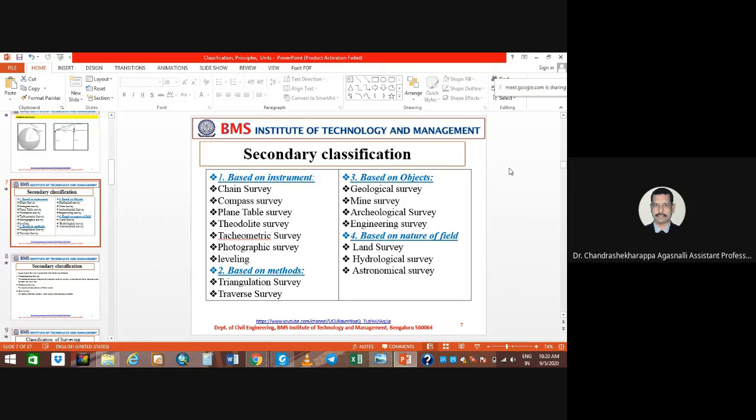Very good satellite imageries with 2 meter, or 4 to 5 meter resolution, you can get the best images. Resolution in the sense, 4 meter means 4 meter by 4 meter. If an object is there on the surface of the earth, at that particular place, you can see it very clearly.